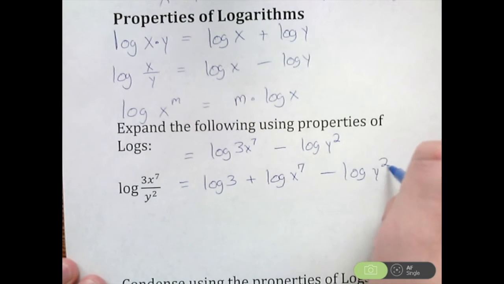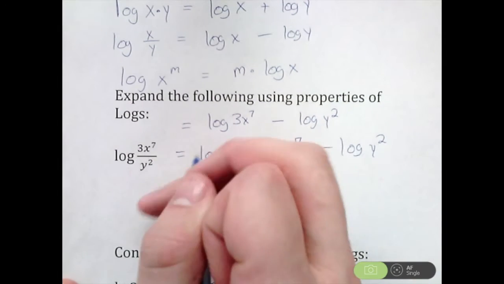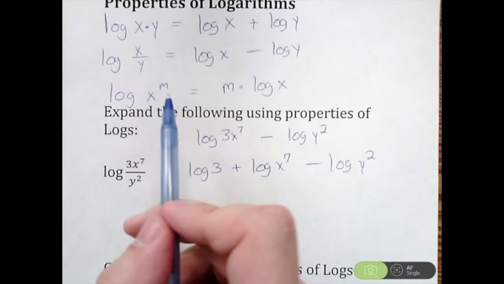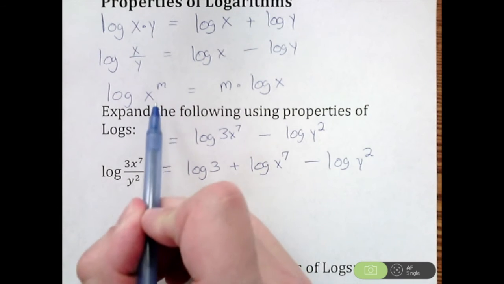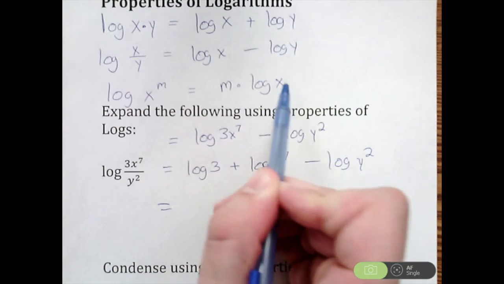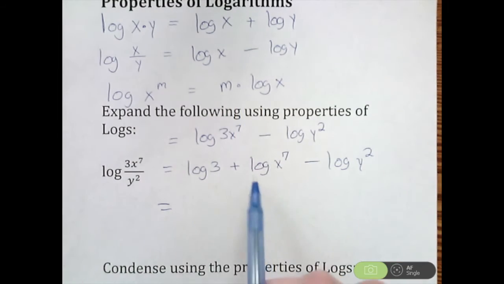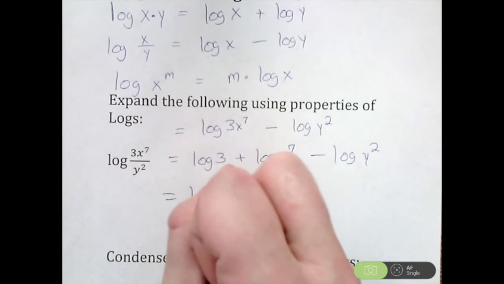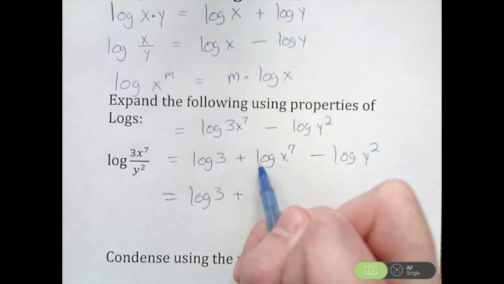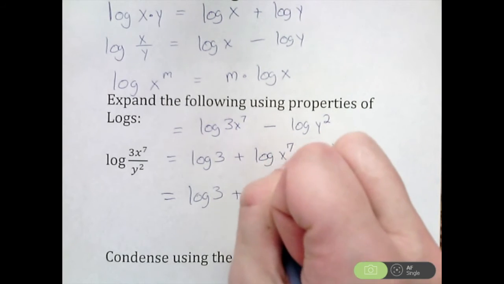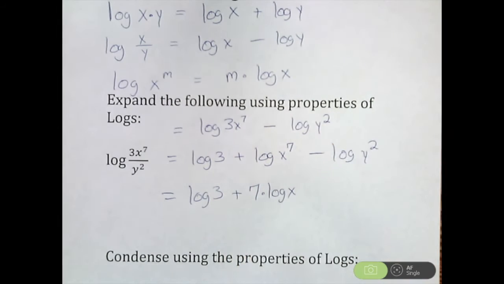The final thing I'm going to look at is whether I have any of the properties of logs dealing with exponents. Remember, when we have an exponent like x raised to the m, you just bring the exponent down front, m times. So this log of 3, nothing changes there. Still have a plus sign, but this 7 has to come down front. So we have 7 log of x.